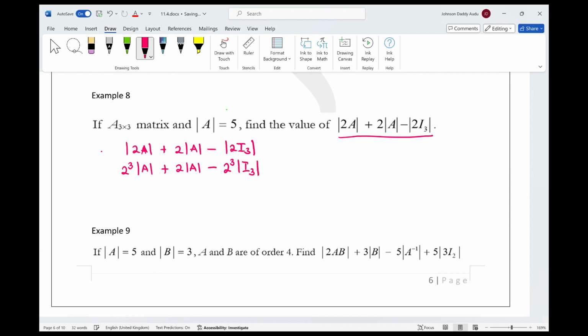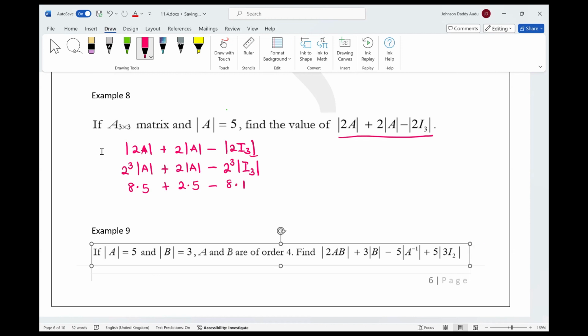Why is it 2 power 3? Because the order of I3 is also 3. And what will it be? This is just going to be 8 times 5 plus 2 times 5 minus 8 times 1, because 1 is the determinant of the identity matrix.